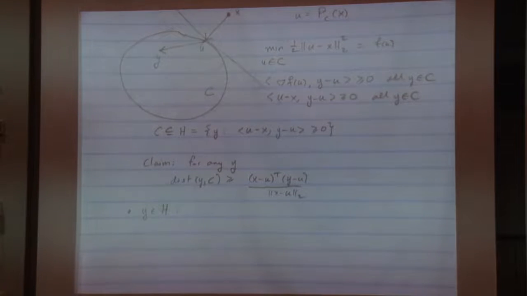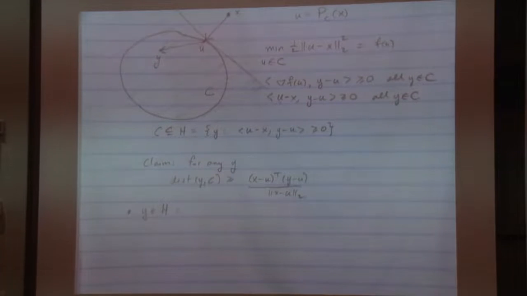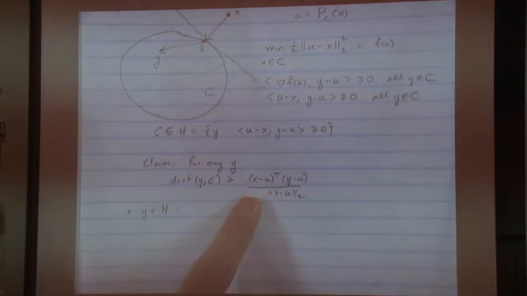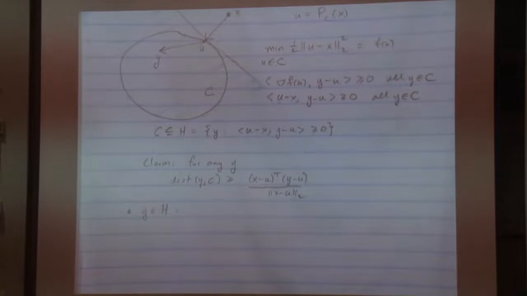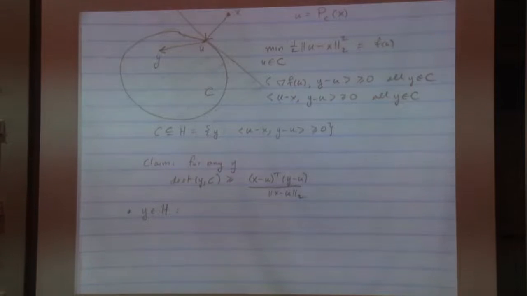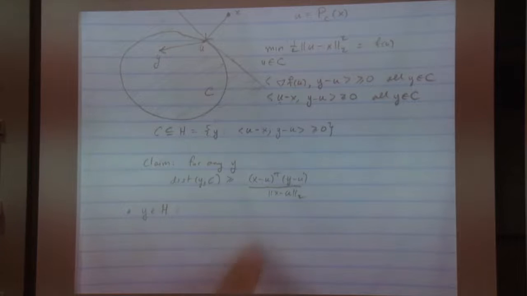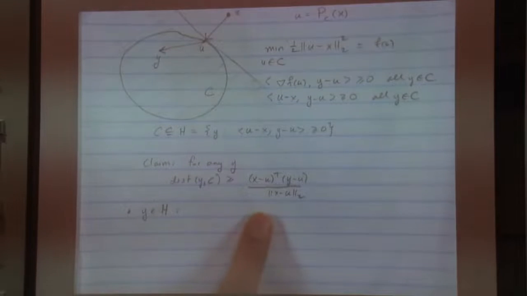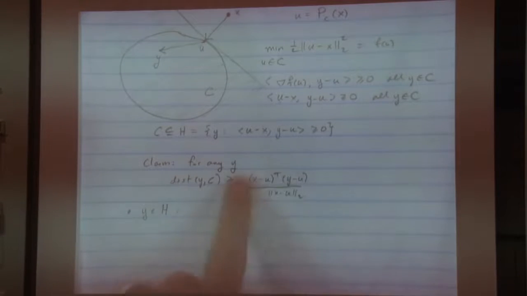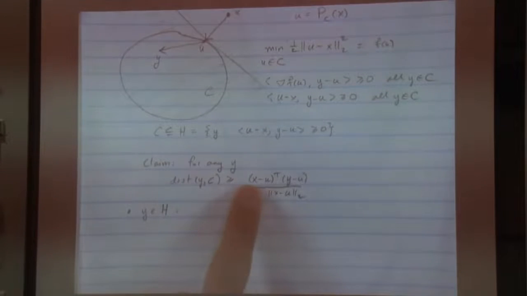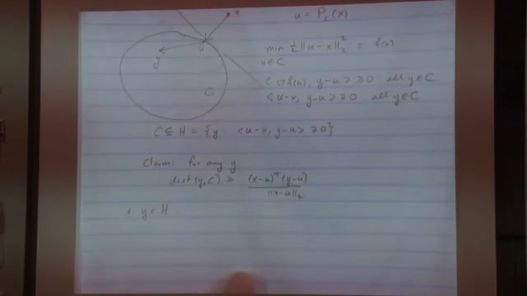So why is that true when y is in the half space? Take a look at this quantity here. The distance between y and C. If y is in the half space, what do we know about this quantity? By the way, we define the half space. Look, this is x minus u, and that's u minus x.